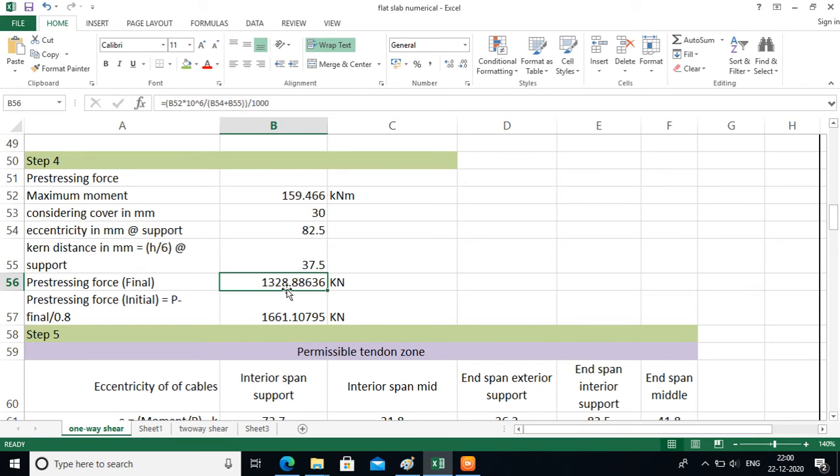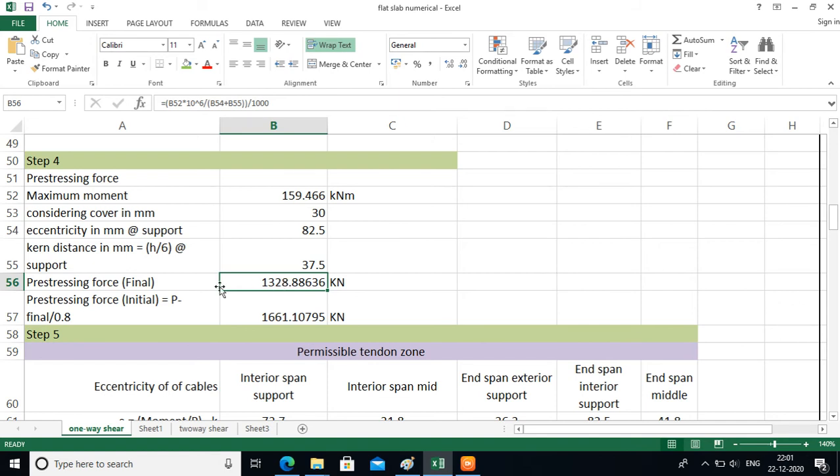That magnitude is 1328.88 kilonewtons, but this is the final prestressing force. To get this final prestressing force, we need to provide additional prestressing force, because we will get this value only after some losses. If we initially apply this amount, it is going to reduce further.